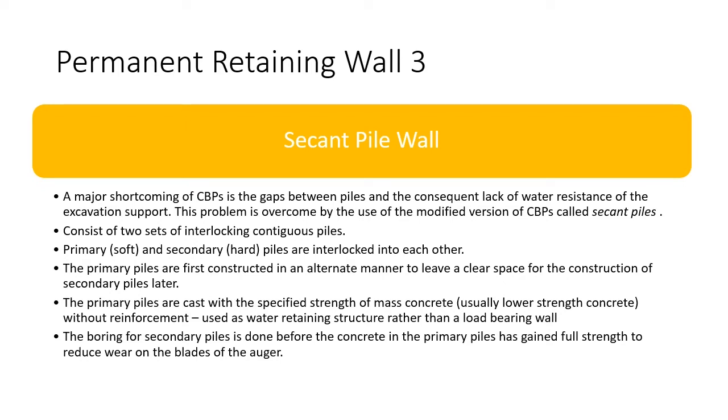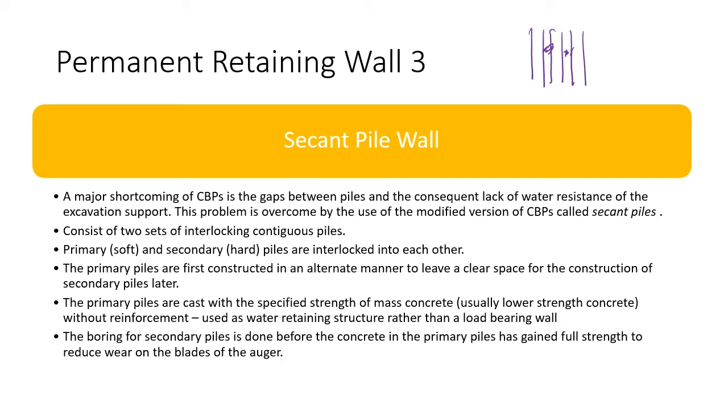Sebab kalau kita tengok CBP, pile dia ada jarak in between. Okay, sebelah sini. Jadi dia ada gap kat sini in between tu. Jadi this secant pile adalah modified version, a better version of CBP. The first one is a primary, it is soft, and the secondary one is hard. Piles are interlocked with each other.